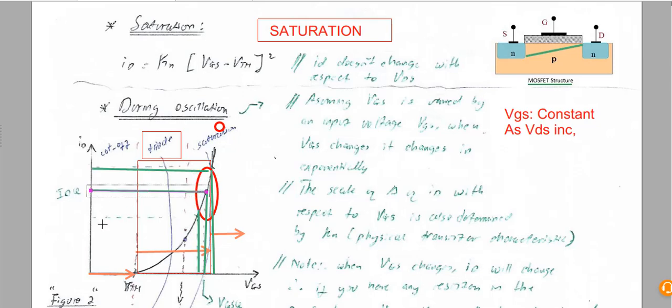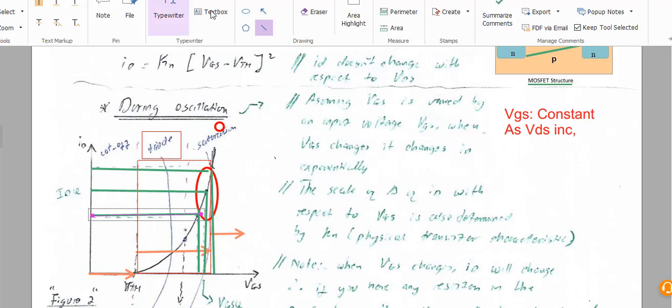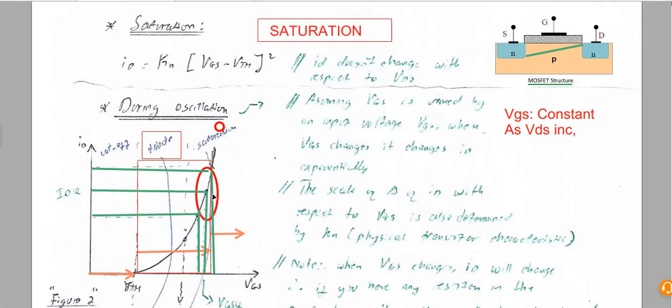With a small change in VGS, you can map out specific changes in ID. Here, you can see that with a small change in VGS, we can induce a huge change of current in our drain. This current is flowing down our drain.